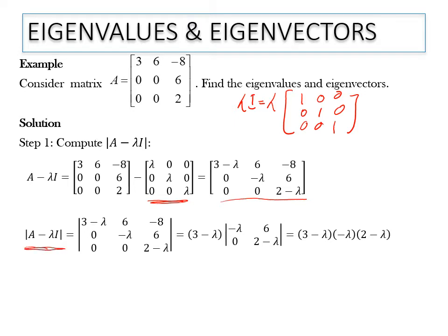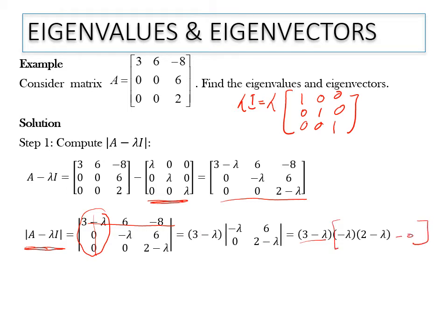For the determinant, we will use the first column. So it will be 3 minus lambda, and we delete the first column and first row. So it will be negative lambda times 2 minus lambda minus 0. So that's why we get 3 minus lambda times this.